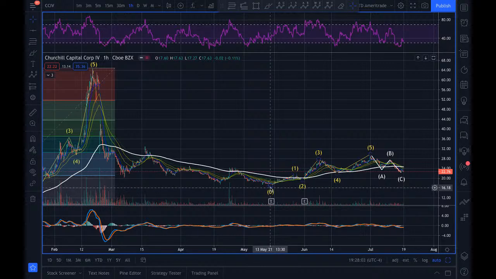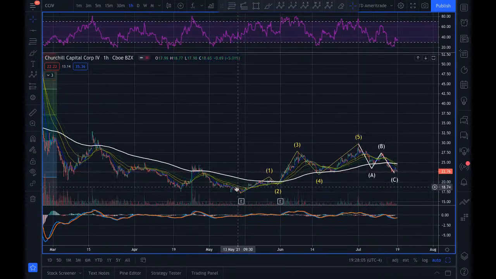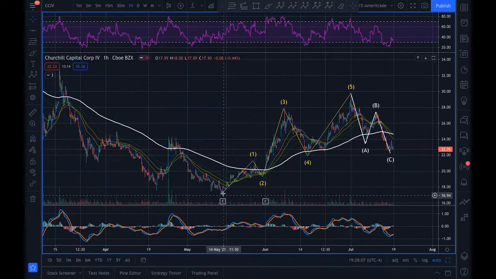So, but I do think that could have been the end right there, around 16 or 17 bucks. Then it came up, it looks like it came up 5 waves and down 3. So that looks like a pretty good setup.